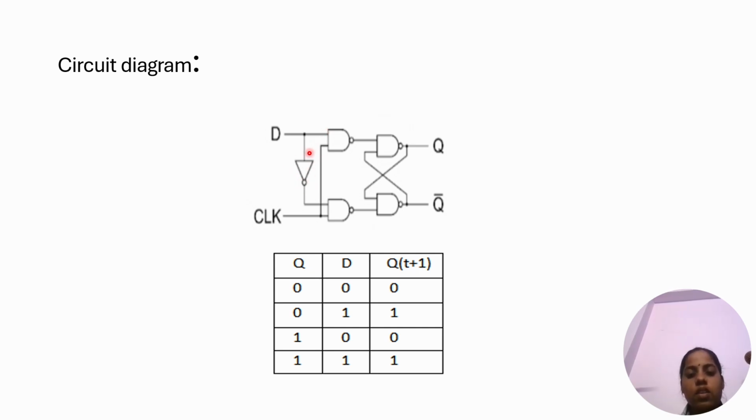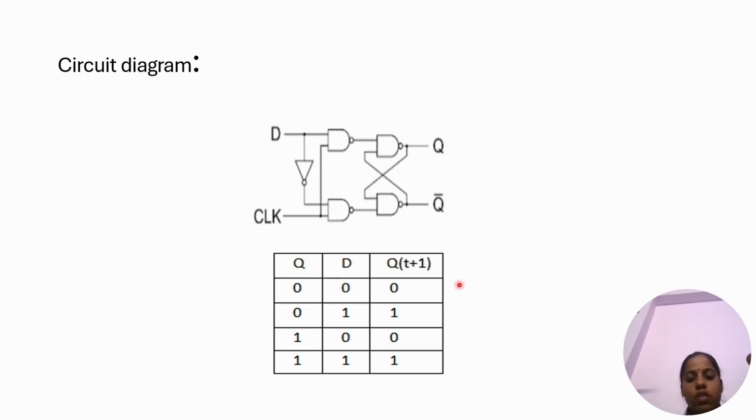Here the data is complemented and connected to the second NAND gate, and the output Q bar is connected to the clock and Q is connected to the clock, and Q bar is connected to Q. This is the block diagram.